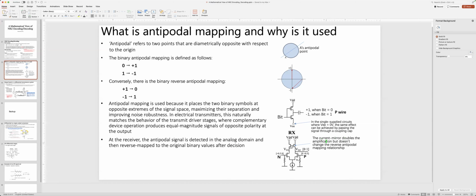But actually, the current mirror doubling circuit doesn't change the nature of this reverse antipodal mapping at the RX input stage. So this is why we need to use antipodal, because it's naturally embedded in our circuit. At the transmitter, it's an antipodal mapping. At the receiver, it's a reverse antipodal mapping.